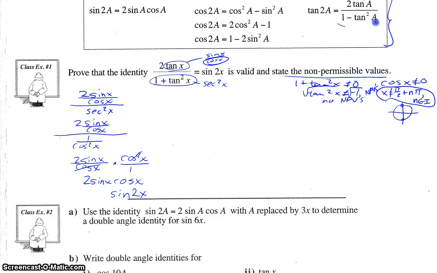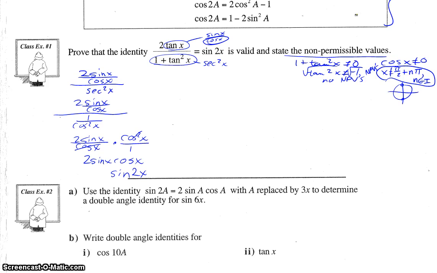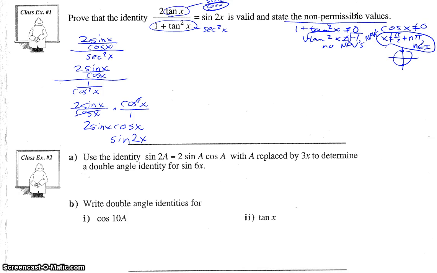Oh, I was thinking that was this identity. It's not. What's different between those two? It's a minus sign, not a plus sign. Sorry, I don't know if you were as confused as I was for a moment. I was thinking it was the tan double angle one, and I'm thinking, that doesn't sound right. Tan twice the angle equals sine twice the angle? No. Okay, I digress.